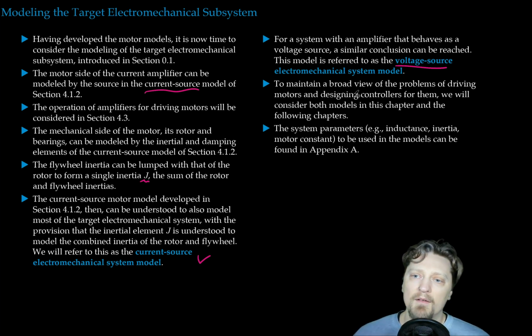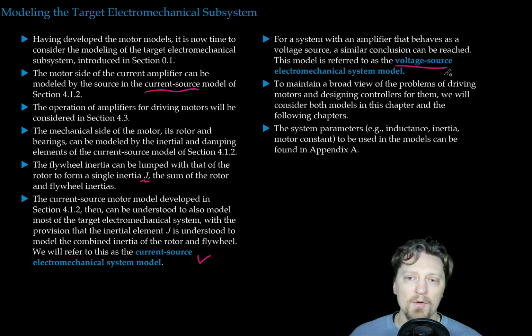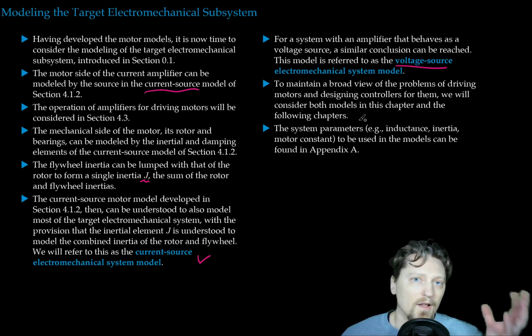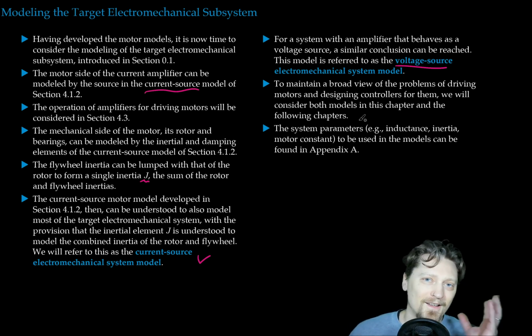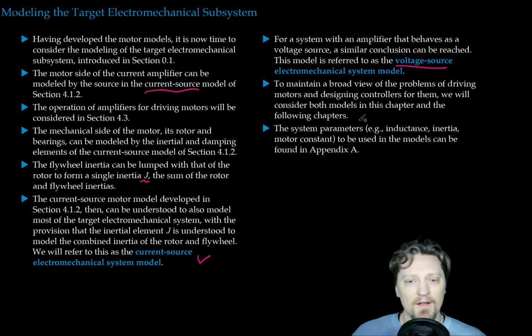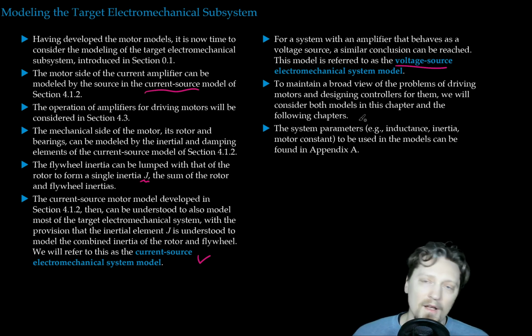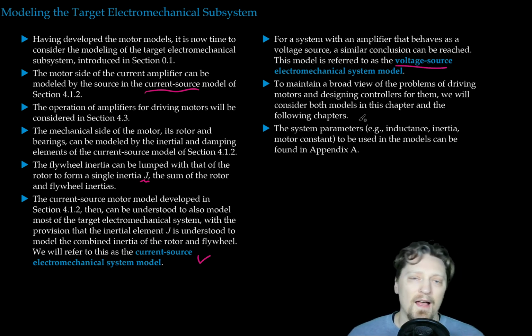To maintain a broad view of the problems of driving motors and designing controllers for them, we will consider both models in this chapter and the following chapters, meaning we're going to develop things as if we had a voltage source model in some cases and a current source model in others, because we want to see how it would work in either case because they're both common. In the end, we'll end up applying the current source model to our lab system, however.